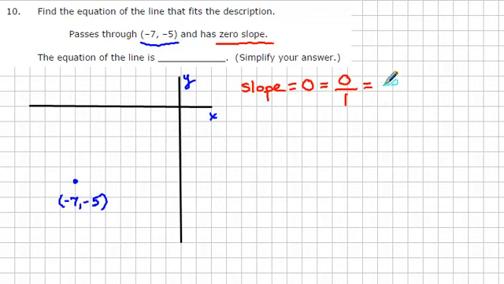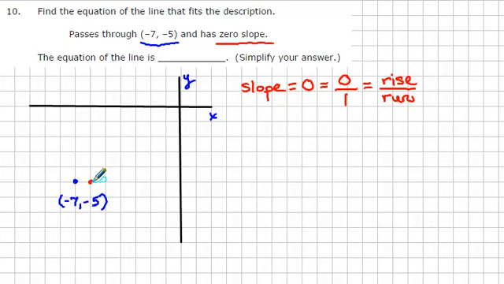But the advantage of thinking of it this way is that we can think of it as rise over run. So from our point -7, -5, we can rise 0, don't go up, don't go down, just stay in the same position, but then go 1 unit to the right and plot a new point.